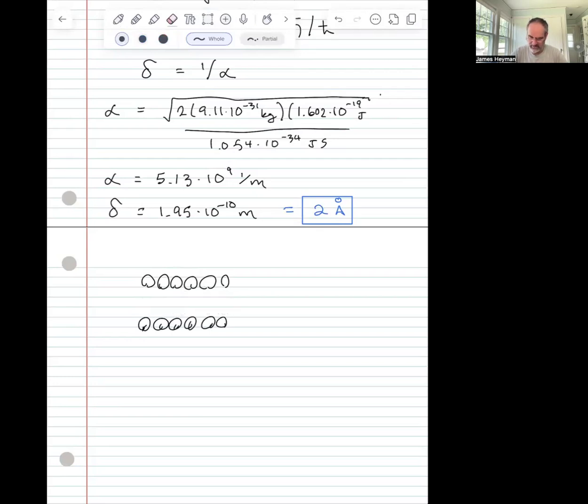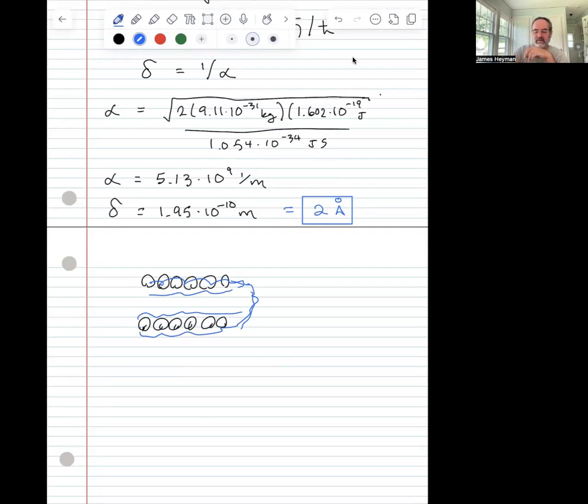We have electrons in this pipe, and we might imagine that the electron wave functions, or cloud, sort of penetrates a little bit beyond the edge of the tube. But only a few atoms worth.